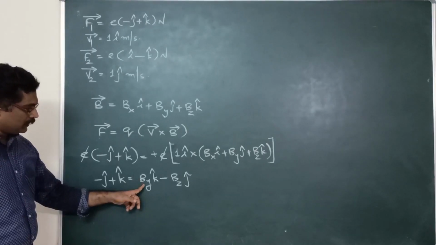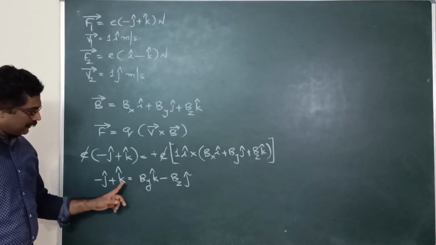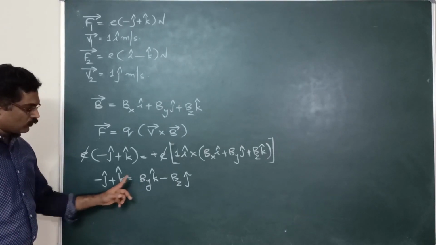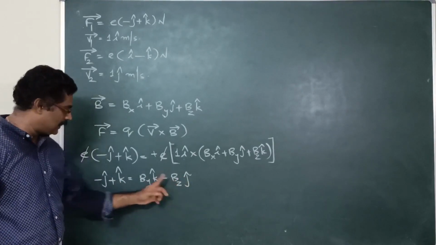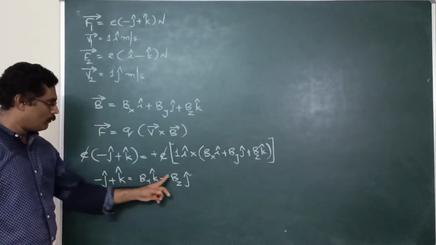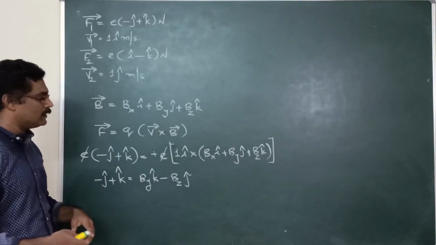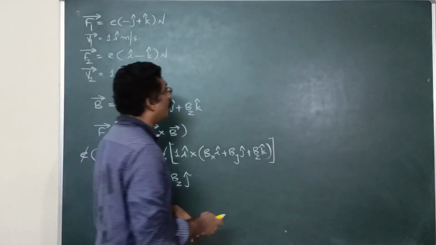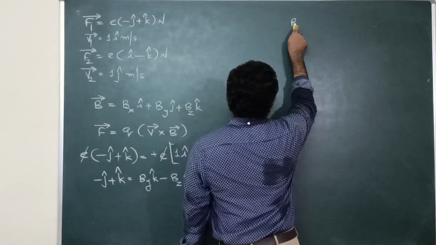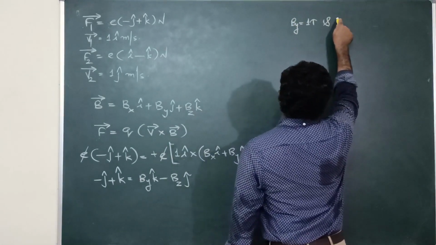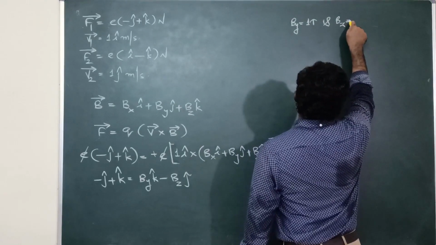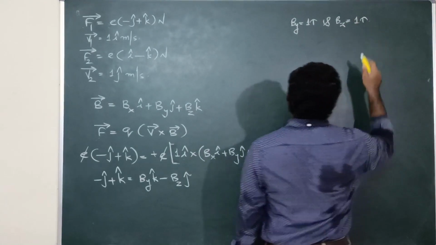Here the coefficient of k cap is By, and here it is 1, so By equals 1. The coefficient of j cap is minus Bz, and here it is minus 1, so minus Bz equals minus 1, so Bz equals 1. So we got By equal to 1 Tesla and Bz equal to 1 Tesla.